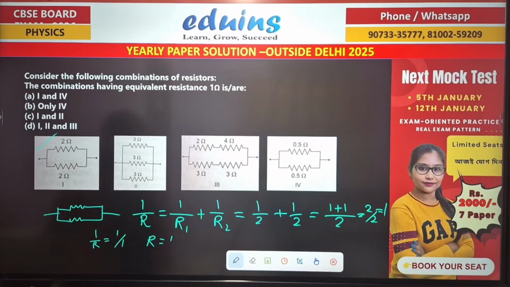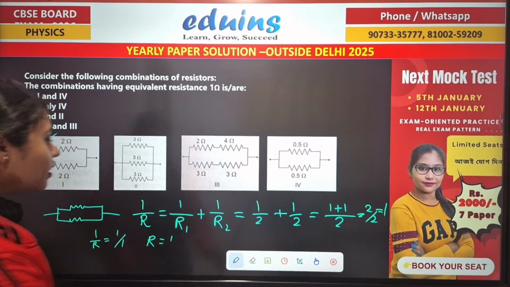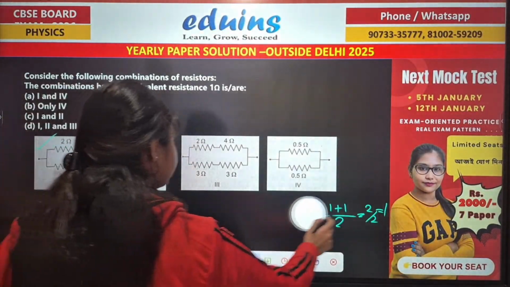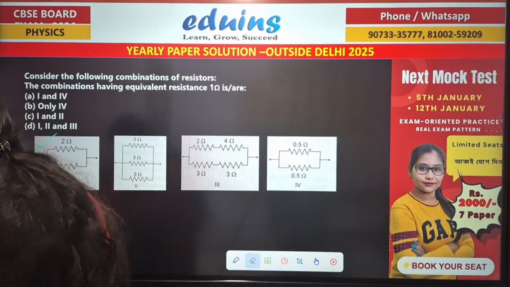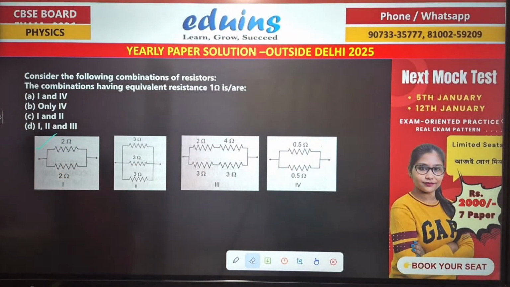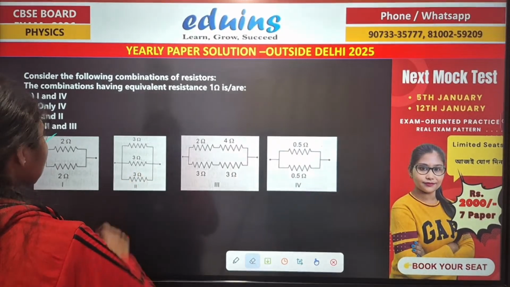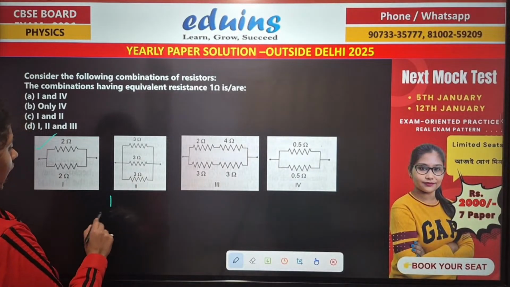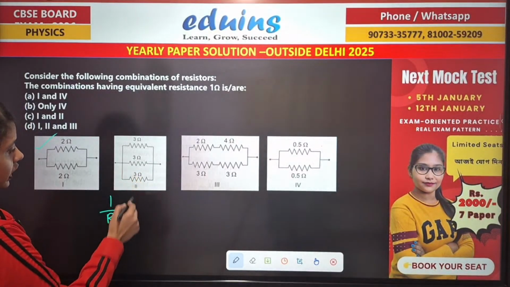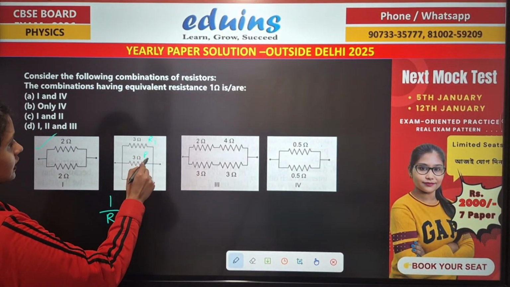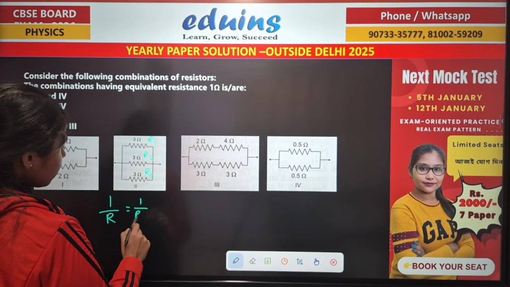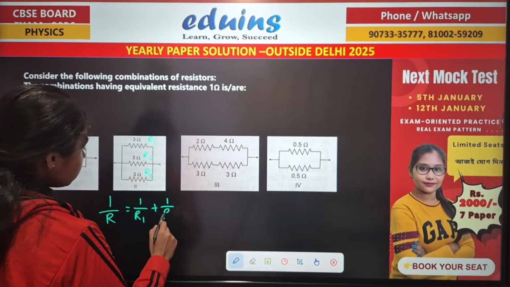So we have to solve the second circuit. Let's solve it. Okay, maybe A or may not be. Okay. So the option 2 is, let's solve it. 1 by R, we know that there are 3 resistances. This is R1, this is R2 and this is R3. So 1 by R1 plus 1 by R2 plus 1 by R3.